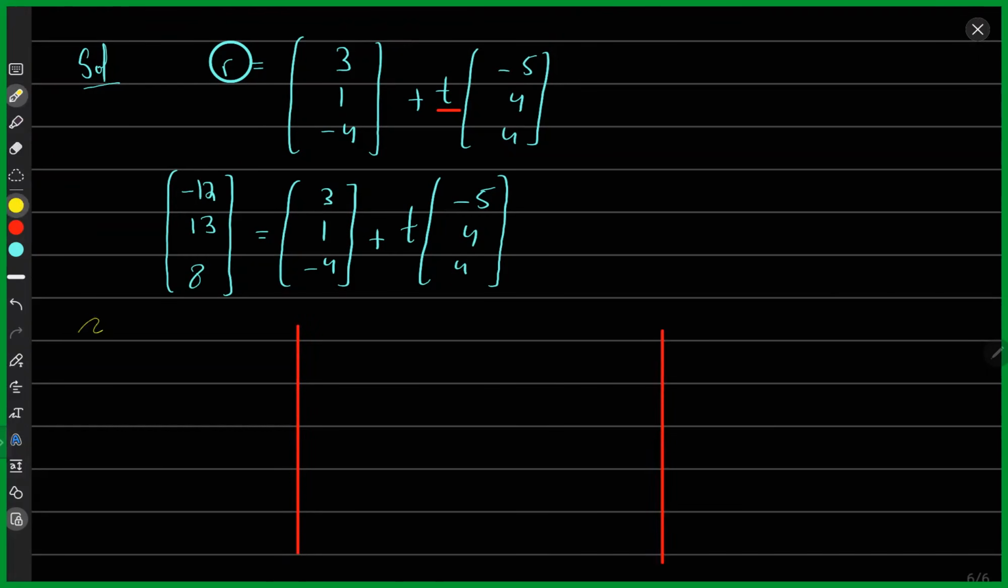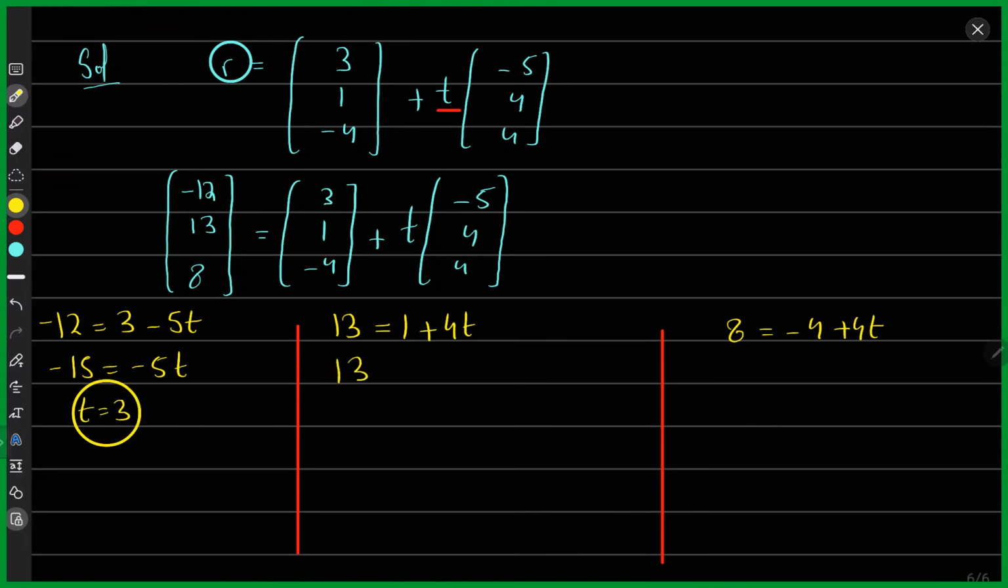Equation 1 is going to be -12 equals 3 minus 5t. Equation 2 is going to be 13 equals 1 plus 4t. And the last one is going to be 8 equals -4 plus 4t. I'll make t the subject. -15 equals -5t. So t is going to be 3 for the first one.